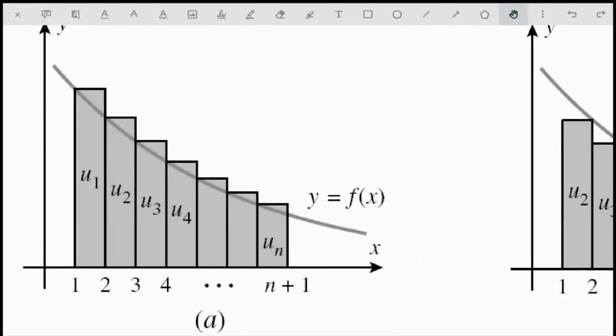So this is only going to work when I have rectangles that are decreasing in size, and it's also only going to work when I have function values that are positive, because I have to see that same behavior where the terms are approaching 0 as the function approaches 0.